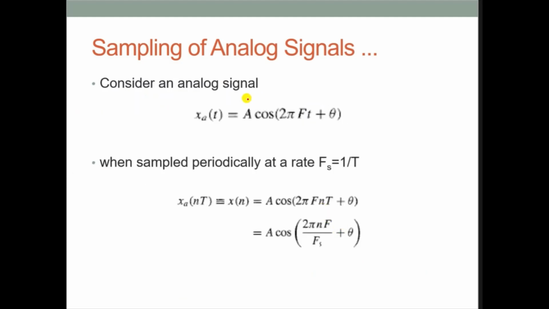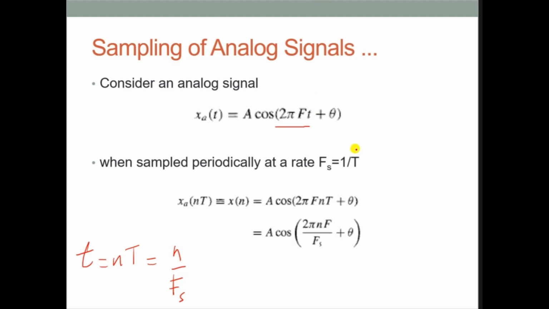Now when we want to convert the analog signal into discrete signal, we simply substitute this equation with nT or n over Fs. So remember the relationship again: t equals nT equals n over Fs. So simply substitute the t.